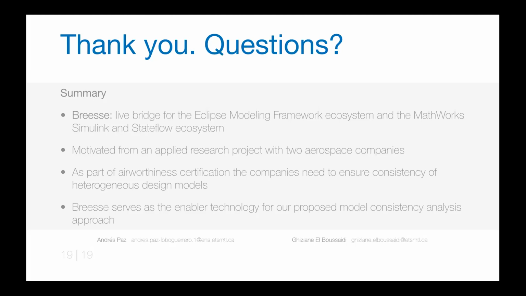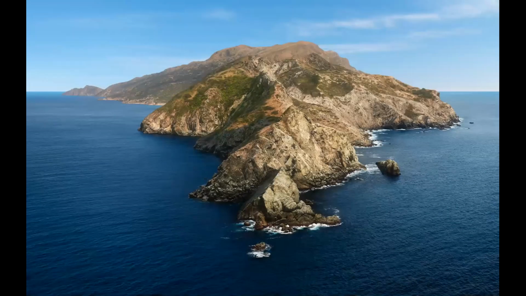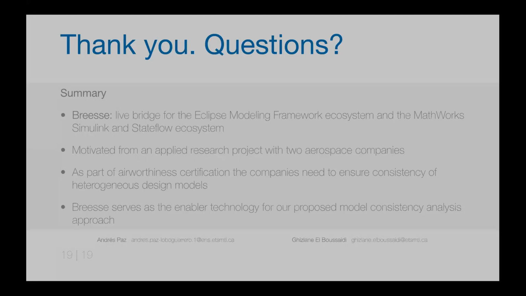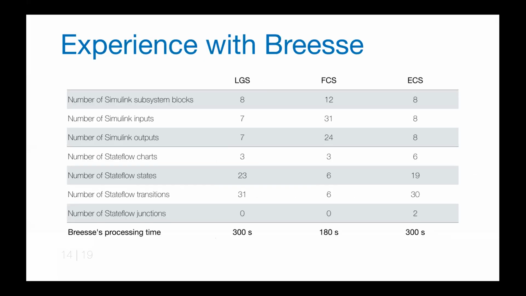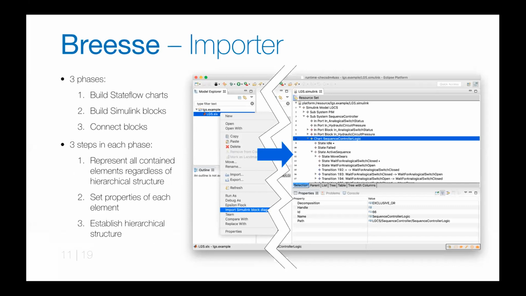Yeah. So if I go back to here. When you have your Simulink model inside a project in Eclipse and you want to import it, when you select the option to import the model, it opens up the Simulink model in a MATLAB instance.